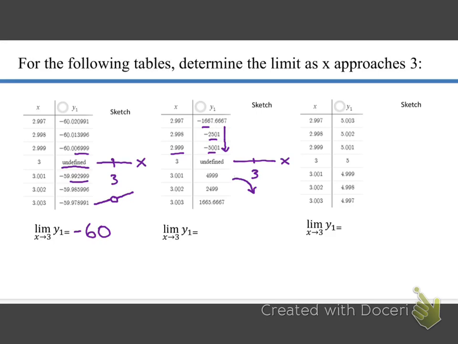And on the other side of 3, so these values right here, think about writing it in from the right side, these are getting bigger to positive, really big numbers. So we could think that at x equals 3, we have a vertical asymptote possibly on this graph, and the point is, from each direction, these are pointing to two different things. So in this case, we can say the limit does not exist.